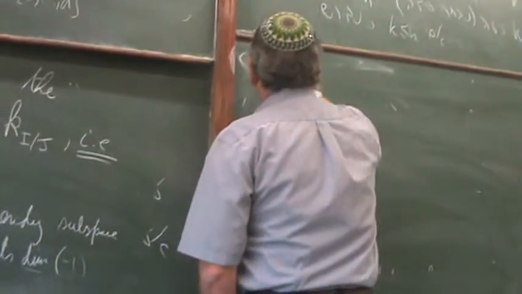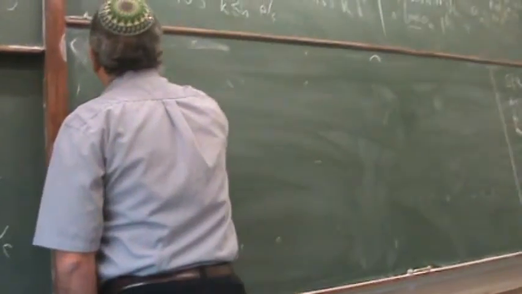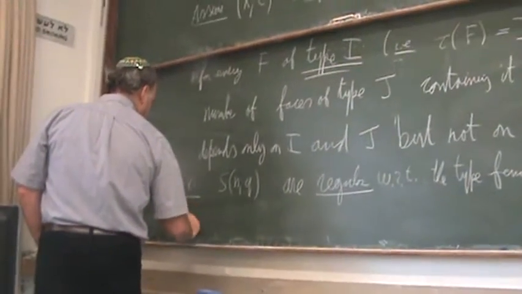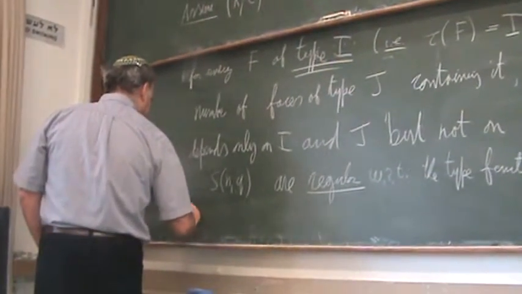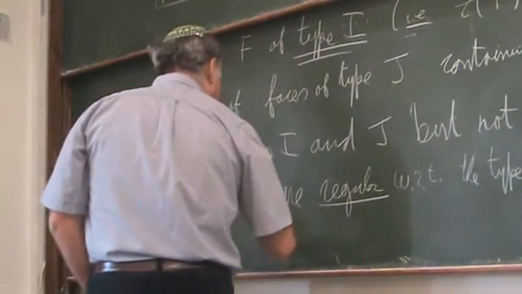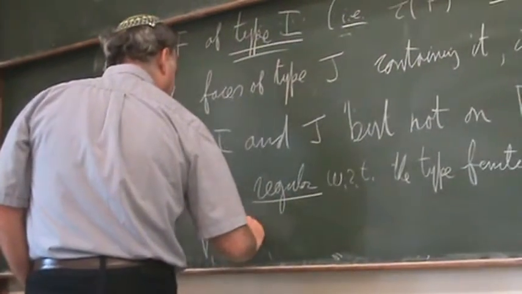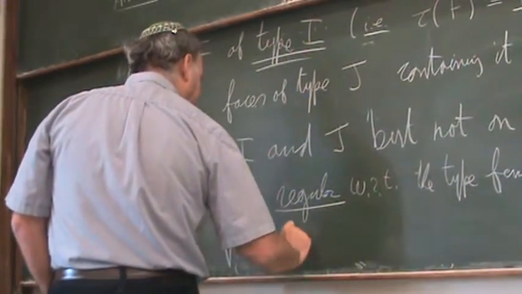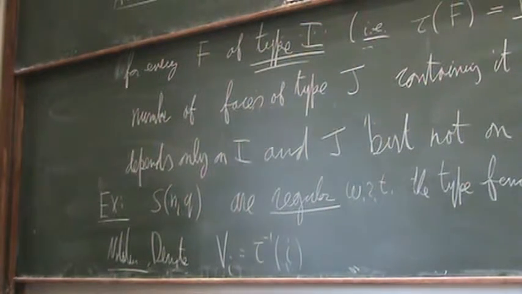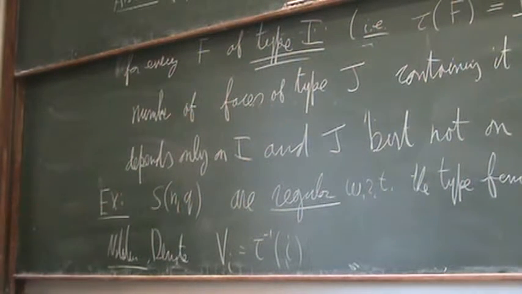So, to set notation, denote V_i to be tau to the minus 1 of i. So these are all the vertices of type i, of color i.